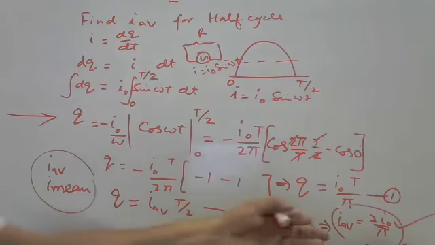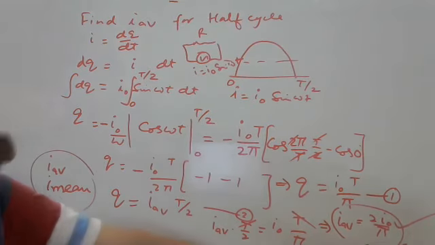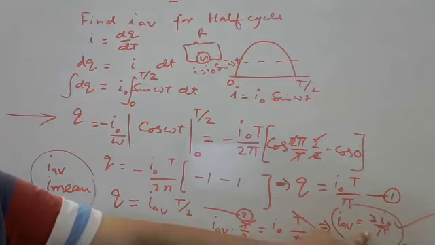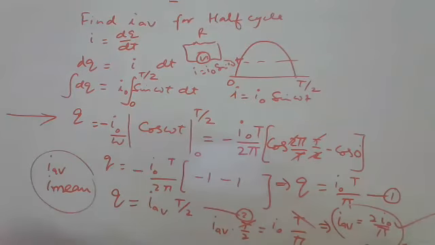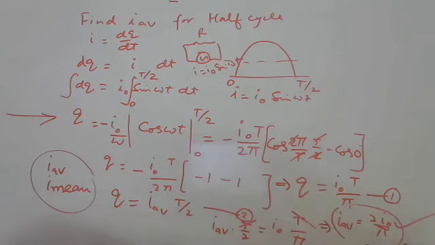We divide 2 by 3.14 to get 0.637, into 100, 63.7. It is not necessary to learn this number, but this is the formula you must learn. In numerical problems you can apply this formula for the average value for half cycle. In derivation also, it is important.